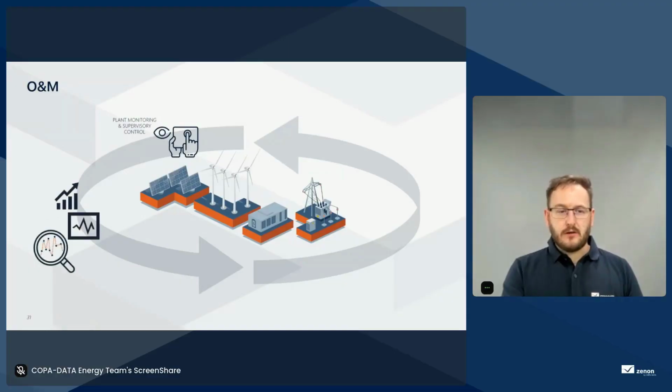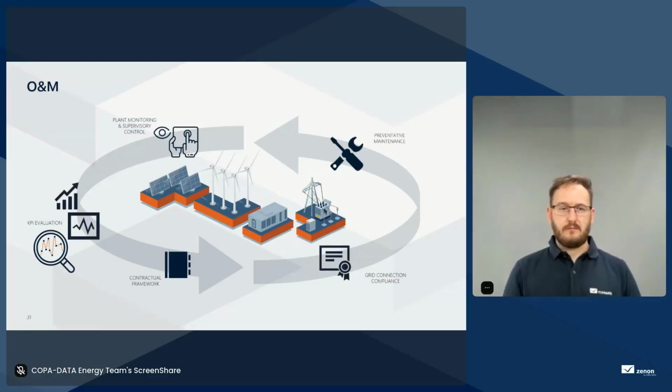Before we take a look at some of the demos in Zenon, let's think about some of the O&M considerations when it comes to DERs. Of course, they need a monitoring and supervisory solution in order to control the DER.